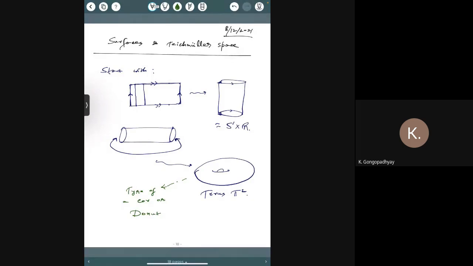So you know, donuts look like this, all right? And this portion is filled with chocolates and sprinkles, etc. But the surface that is obtained in this way, you start with a rectangular strip, and then you glue the opposite sides. Then you get a donut shaped space, which is called torus.